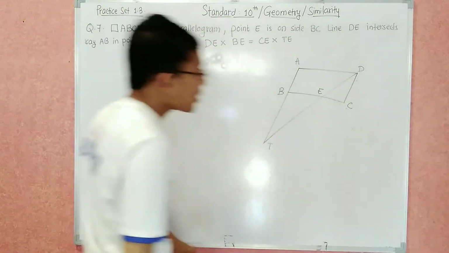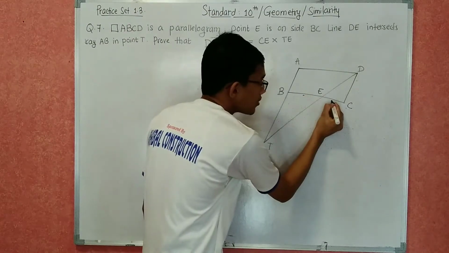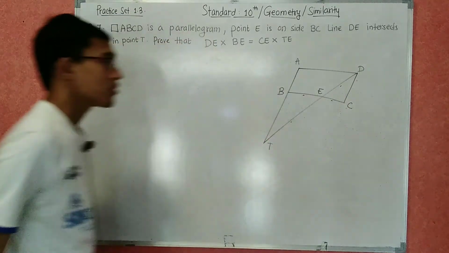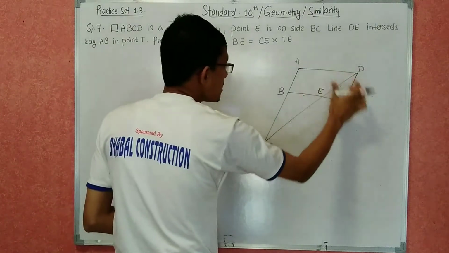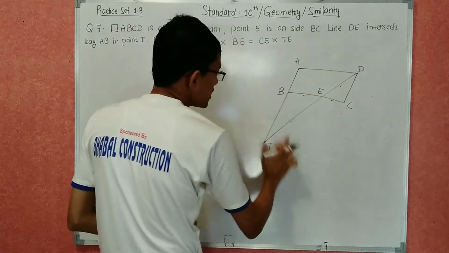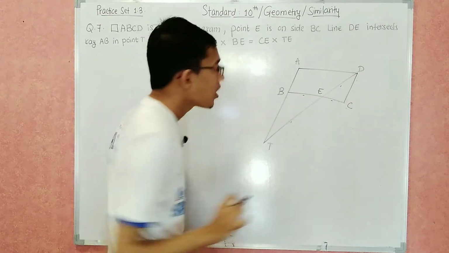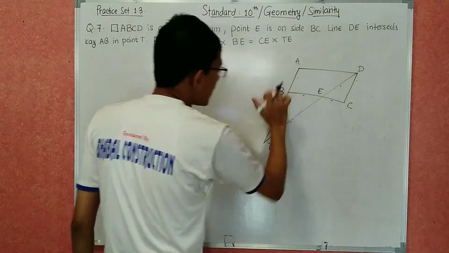So here in this particular question, these sides are involved. That means we will take triangle EDC and triangle EBT. What triangles are we going to consider from this particular figure? We will consider triangle EDC and triangle EBT.